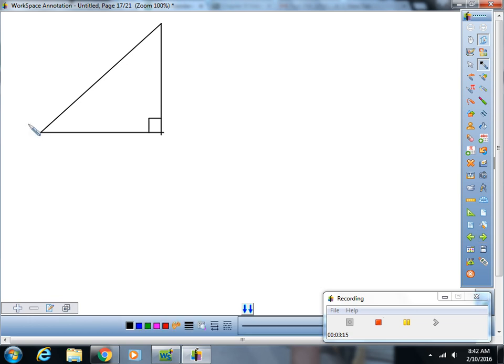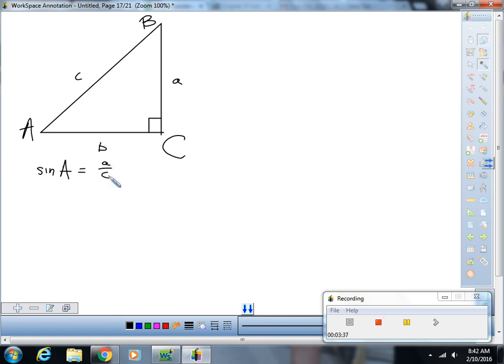So if we've got triangle A, B, C, and then you'll often see this referred to like that, okay? So what is the sine of A? He made up this terminology, sine. Anyone? It's A over C. Okay? What is the cosine of A?